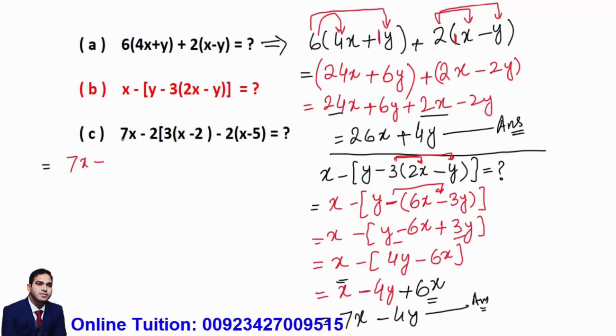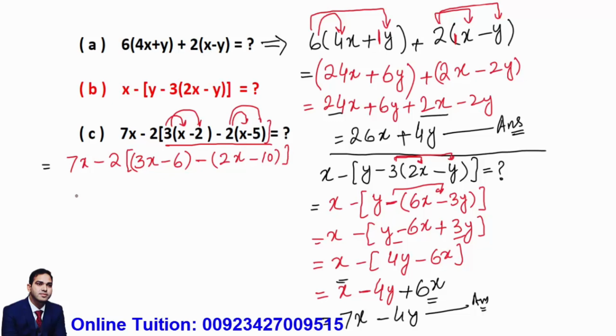7x negative, this will be 2. Now solve this bracket first. Okay, in the bracket 3 will be multiplied with this x, equal to 3x negative 3 multiplied with this 2, it is 6. Okay, bracket negative, this will be multiplied 2 with x, 2x, and this negative will be multiplied 2 with negative 5, it will be negative 10.